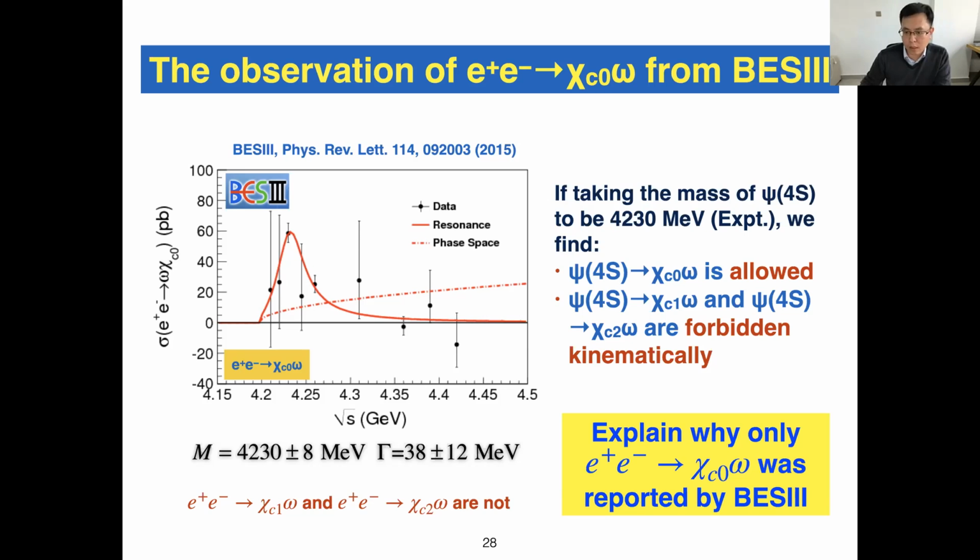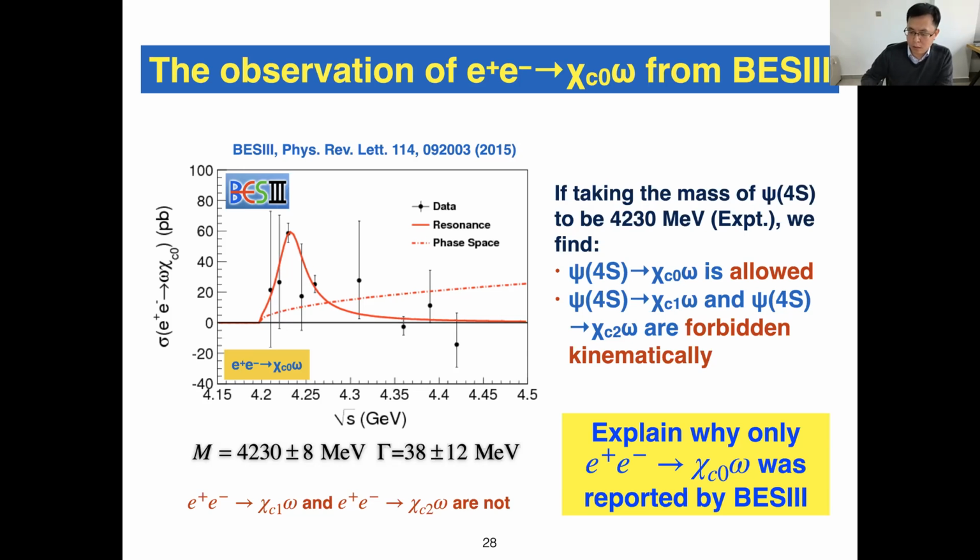So if you take the mass of psi(4S) to be 4213 MeV, you can find that the process psi(4S) to chi_c0 omega is allowed, while the other processes, psi(4S) to chi_c1 omega and psi(4S) to chi_c2 omega, are kinematically forbidden.